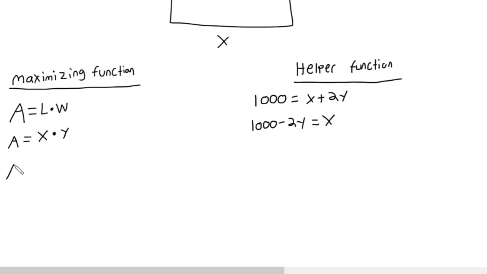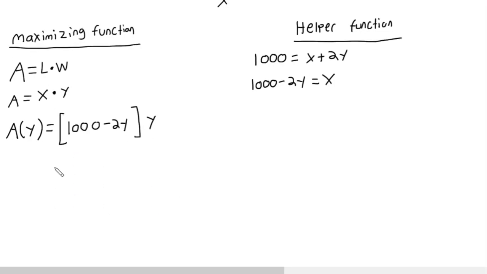So now, my area function is in terms of y, so I'm going to write A of y is equal to what? Well, I'm not going to work with x's anymore because remember, x is 1000 minus 2y, just times y. And from here, honestly, it becomes extremely easy.